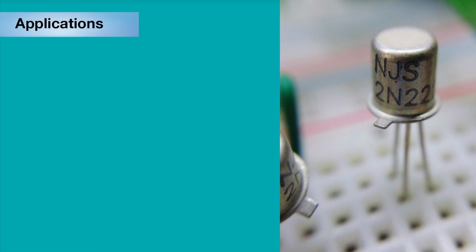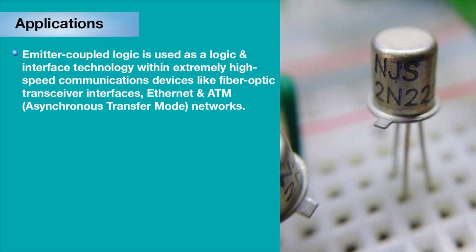Now, the application of ECL: emitter coupled logic is used as a logic or interface technology within extremely high speed communication devices like fiber optic transceivers, interfaces, Ethernet, and ATM, asynchronous transfer mode networks.